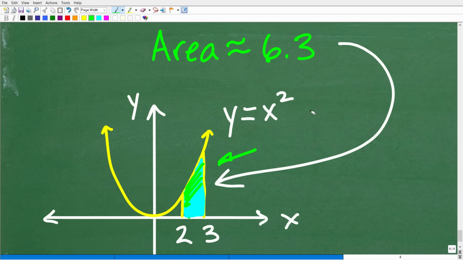Even if you didn't understand it perfectly, hopefully you have some sense of what calculus is about, at least a big part of calculus, which is to find the area and volume of shapes where we don't have simple formulas, like for a rectangle, a square, a circle, a triangle, etc.